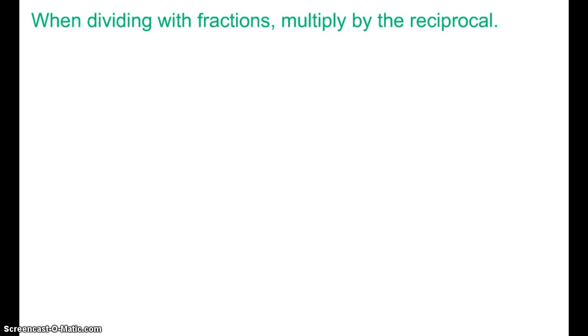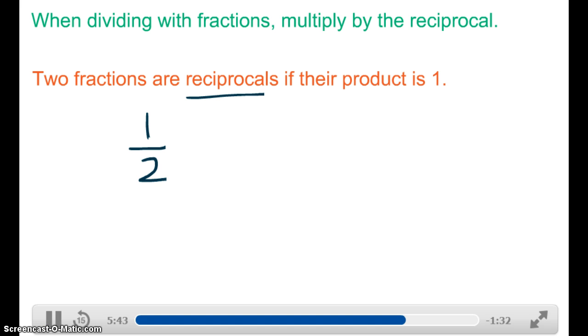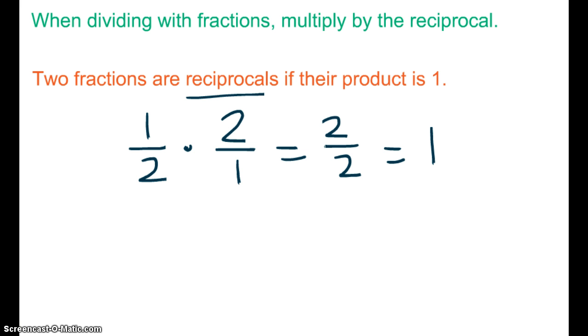So just to recap, write this down. When dividing with fractions, multiply by the reciprocal. Two fractions are reciprocals if their product is 1. For example, 1/2. The reciprocal would be flipping the fraction over so that if you multiply them together, you get 2 over 2, which is equal to 1.